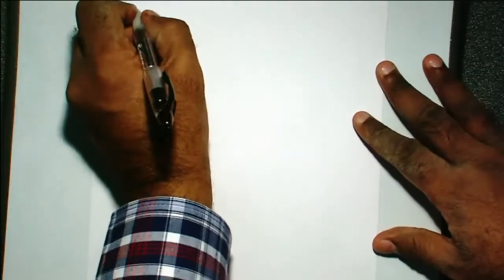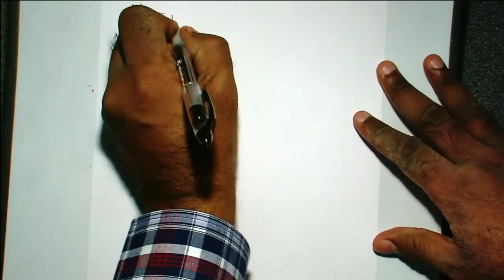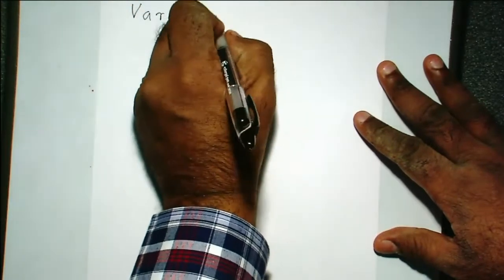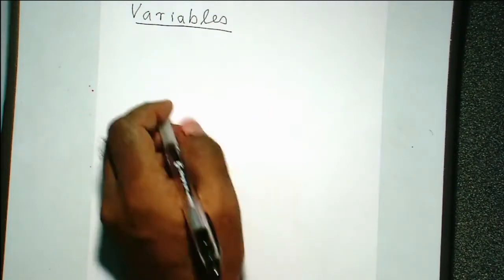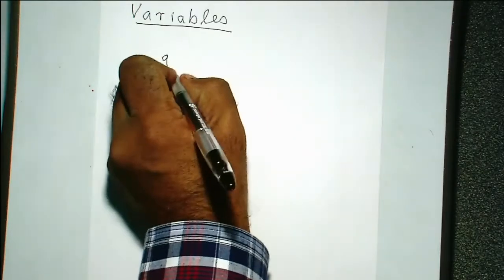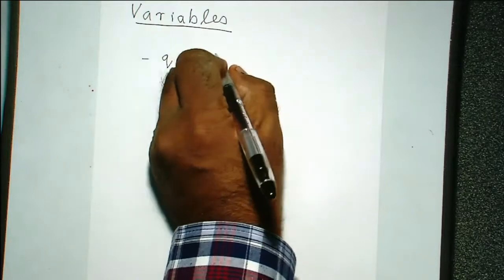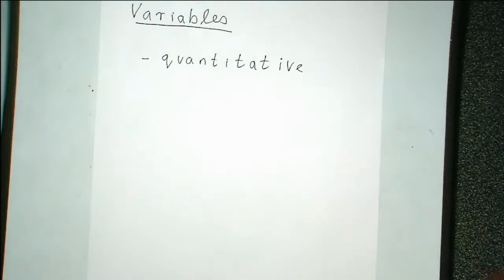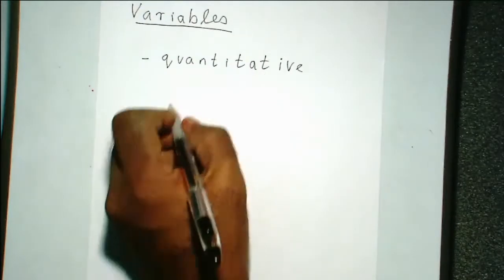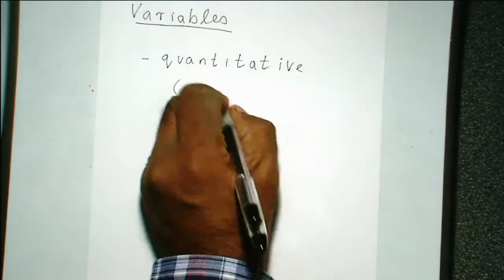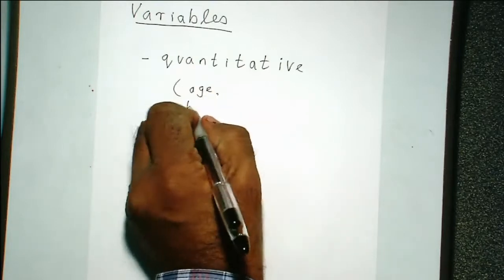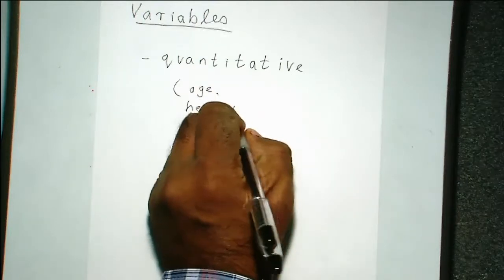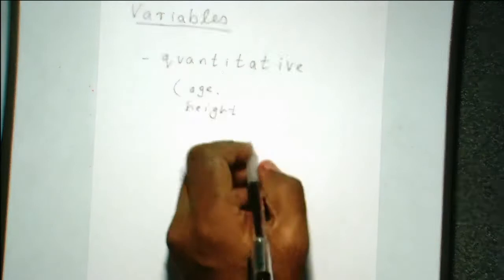the next thing I'm going to talk about is variables. There are two types of variables. One is called quantitative. For example, age is a quantitative variable. Height is a quantitative variable.